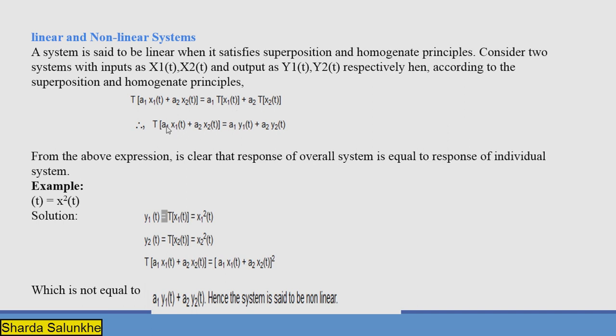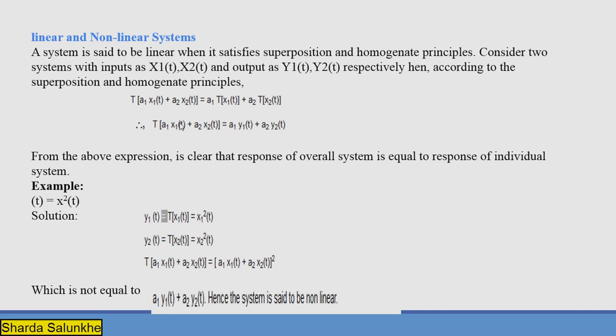Therefore the transformation of a1 x1 of t plus a2 x2 of t is nothing but, if you transform x1 of t, then you will get y1 of t, and if you transform x2 of t, you will get y2 of t. So the output will become a1 y1 of t plus a2 y2 of t. So this condition is satisfied for the linearity of the system.